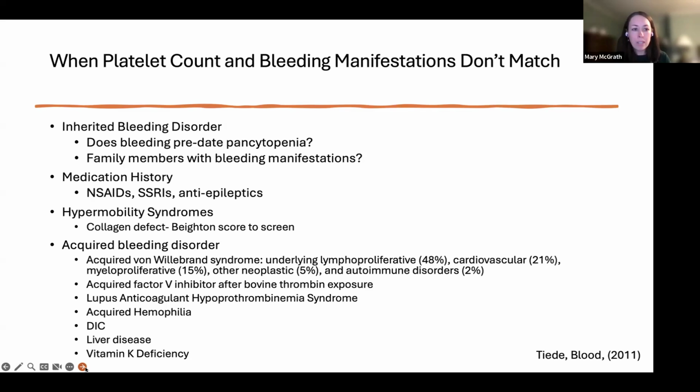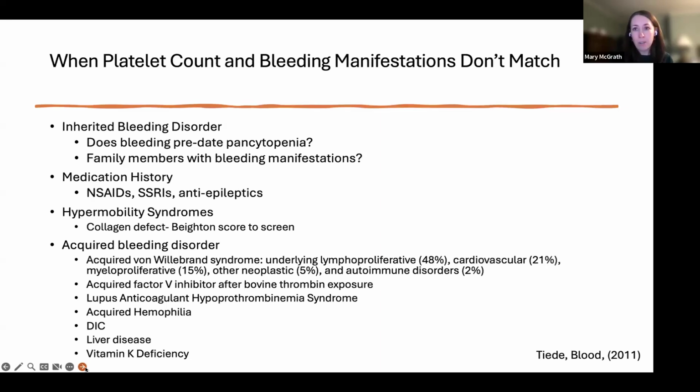Also, exploring family history can be helpful, paying particular attention to a lot of the same things. Any family members with heavy periods, postpartum hemorrhage, surgical bleeding, any history of premature joint disease that might make you think of hemophilia, can all lead you down a path to certain workups.